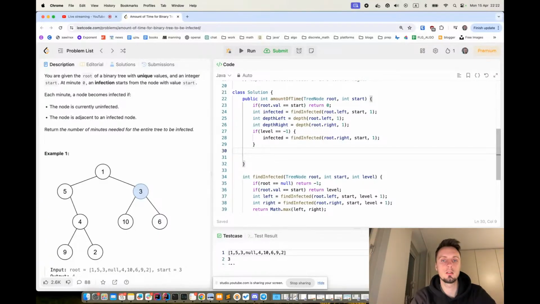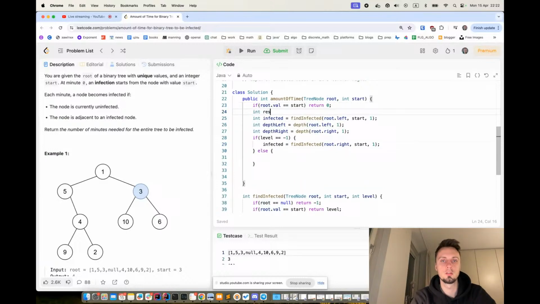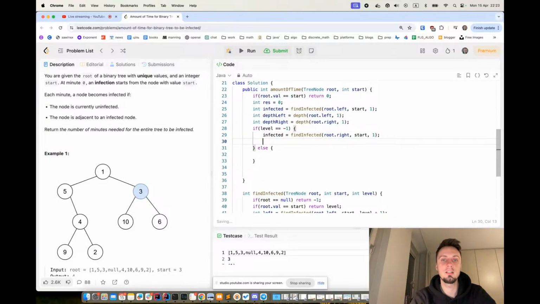So now we can calculate results. Let's call result equal to 0. And if our infected is on the right, then we should add to our result the depth of our left node.